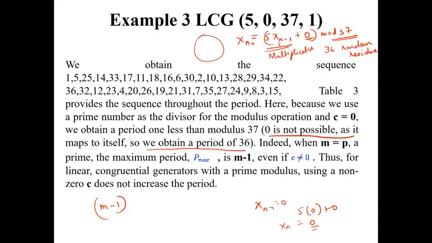In this linear equation which we have considered, when I have only the multiplier and no increment value, we call this multiplicative generators. And these multiplicative generators don't generate proper random sequences if you don't choose this modulo value correctly. Only when you choose a proper modulo value, it will be able to generate high length random numbers or a high time period random number generator.